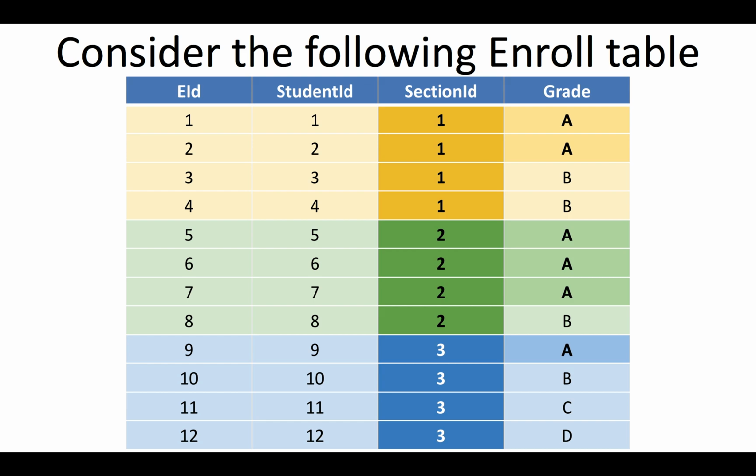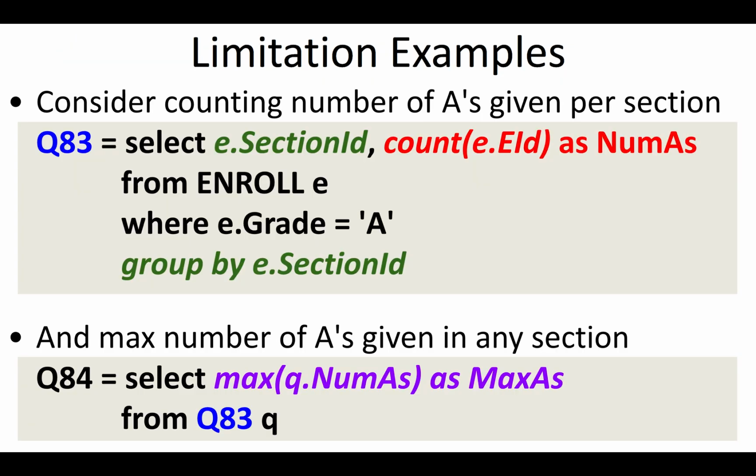So when you're calculating the group for section 1, only consider the 2 records with A's. For section 2, only consider those 3 records with A's. And for the last one, only consider the 1 record with an A. Make sense? So we're filtering for A's, grouping by section ID, and then the result is going to give me the section ID and the count of how many A's there are. And the result is, do I have it here?